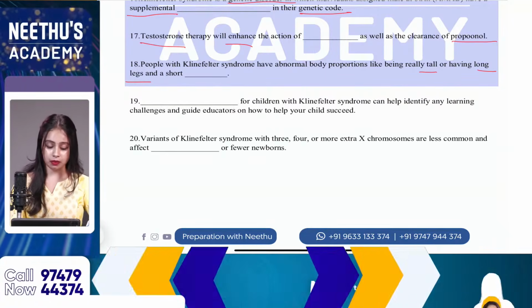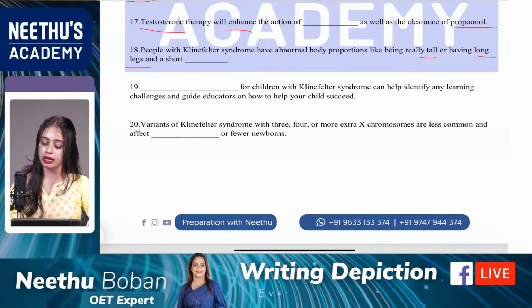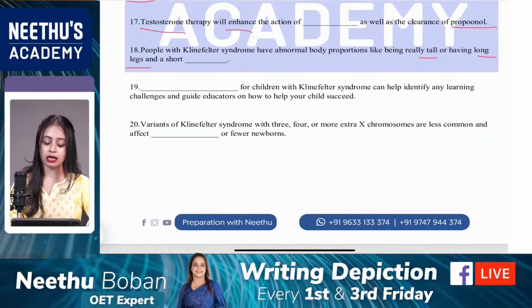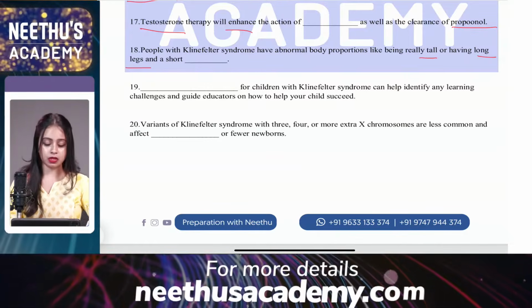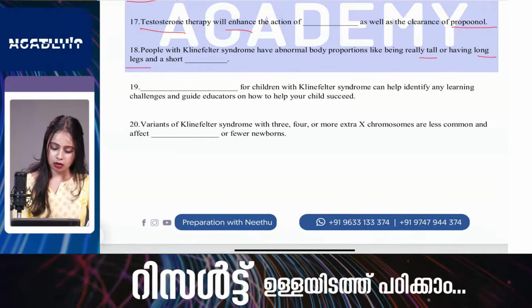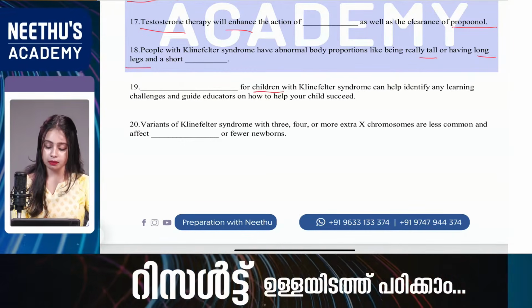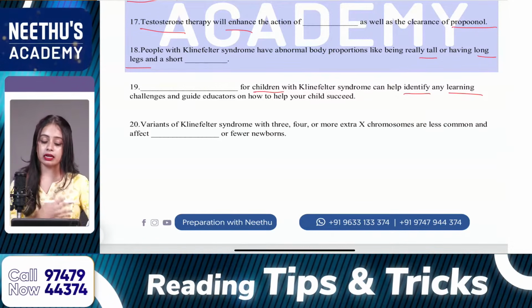Then second last one, 19th one. Dash for children with Klinefelter syndrome can help identify any learning challenges and guide educators on how to help your child succeed. So what is the correct answer here? Children with Klinefelter syndrome, identify learning challenges and guide educators.